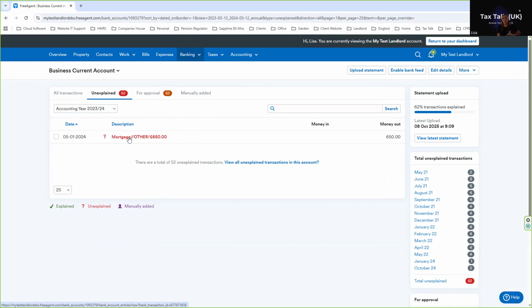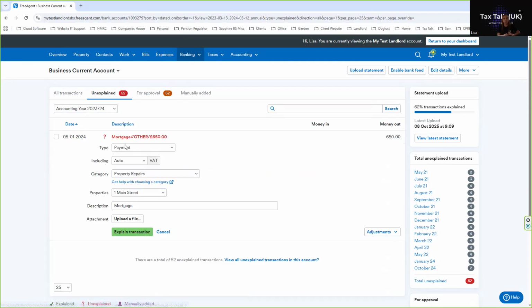But still, we need to know how much mortgage interest you have paid. So I'm going to work on the basis that this payment that I'm allocating is all mortgage interest. It's an interest only mortgage.